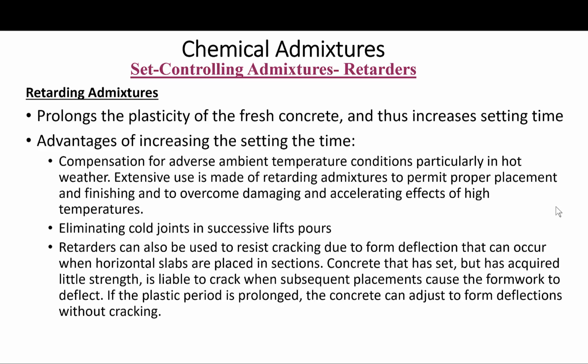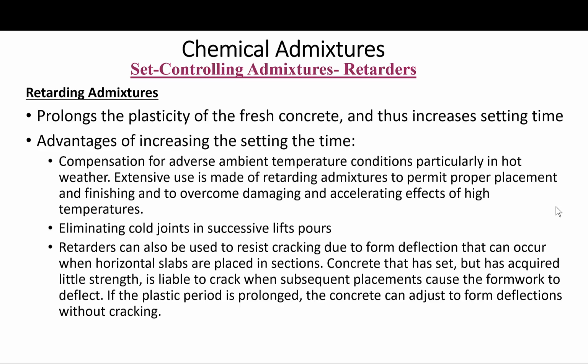Okay, so let's start with the retarding admixtures. Retarders can be used whenever it is desirable to offset the effects of high temperatures that decrease the setting time, or to avoid complications when unavoidable delays may occur between mixing and placing.